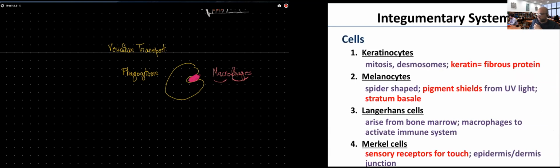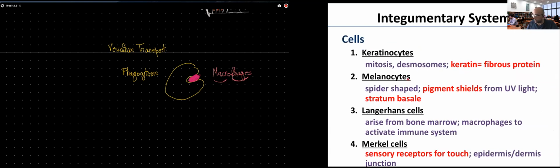So we're looking here at the different cells that we can see in the epidermis. We've seen the keratinocytes, and those are the cells responsible for producing keratin, which is the fibrous protein.